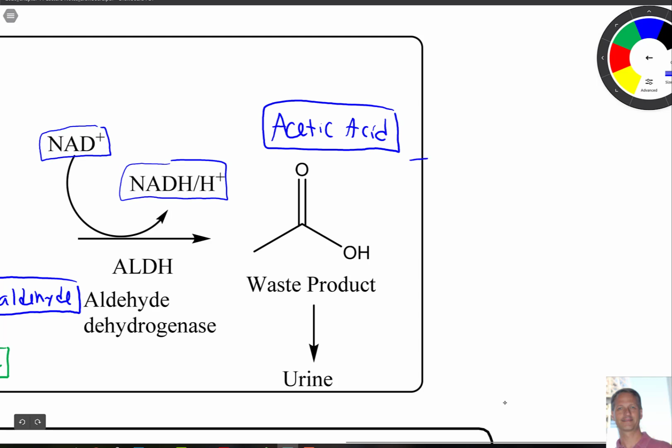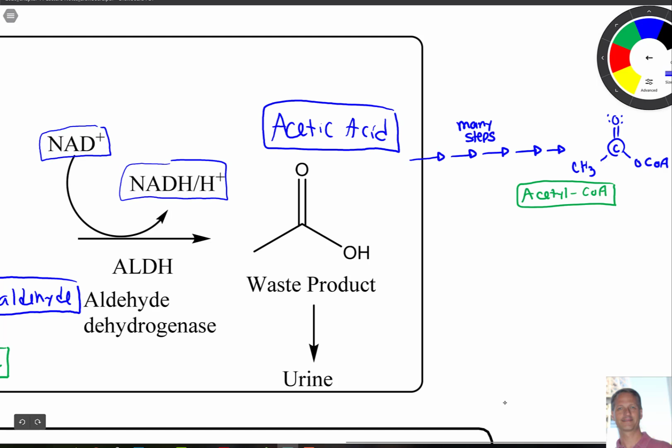The other thing that can happen is, through many steps, and we'll just demonstrate this by drawing a bunch of arrows here, we can make this compound, CH3, C double bond O, and then O, CoA. The name of this is acetyl coenzyme A.